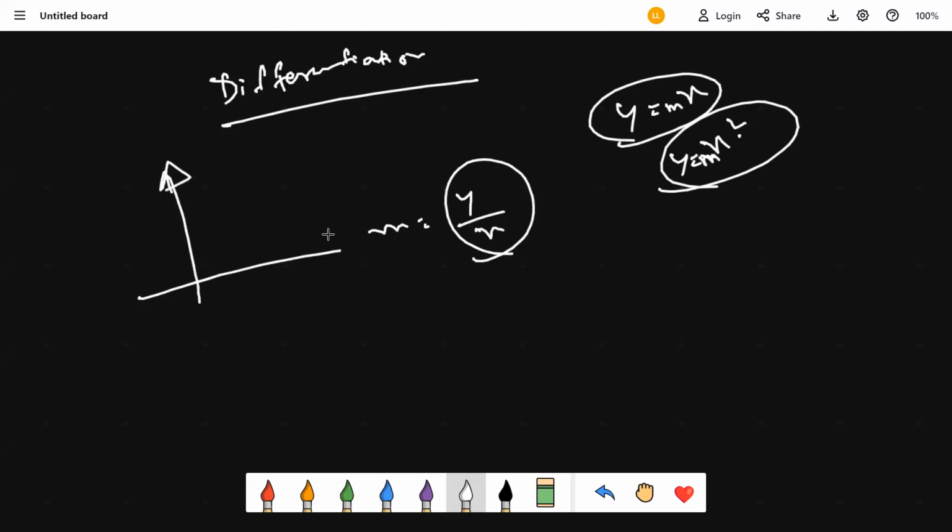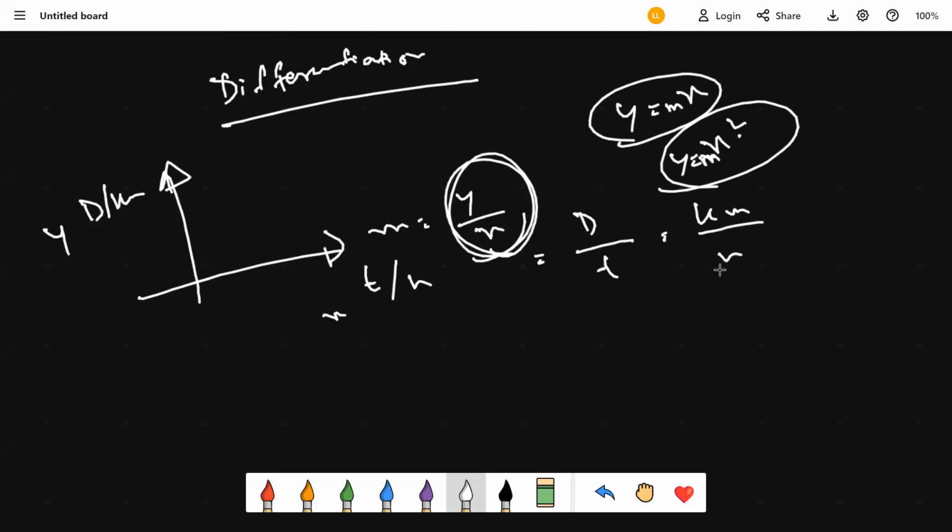If we consider, let's say, time on the x-axis in hours, and on the y-axis distance in kilometers, that means what? Here, this is y, this is x, like y-axis and x-axis. And if we divide y by x, what do we get? Distance over time, which means kilometers per hour. This is the unit for what? Speed or velocity.